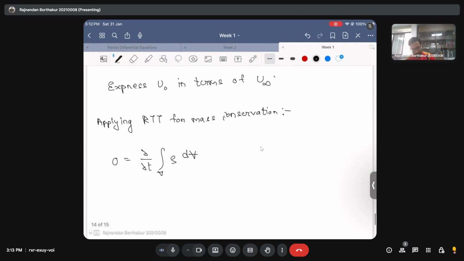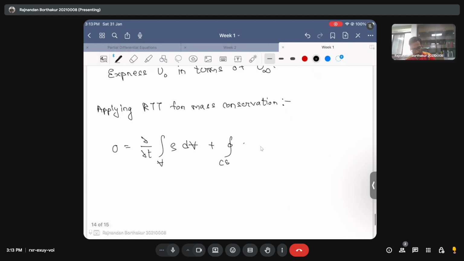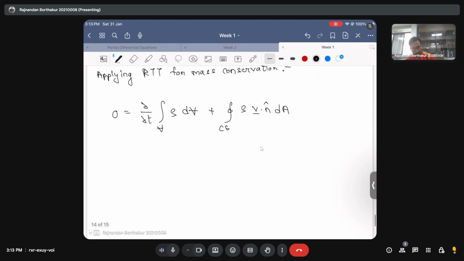Then the efflux term comes out to be the closed surface integral over the control surface of rho, the velocity dot n hat, where n hat, we all saw, is the unit normal that is outward from the control surface, times the elemental area dA. Now we'll assume that my density is constant, so there is no change in density.